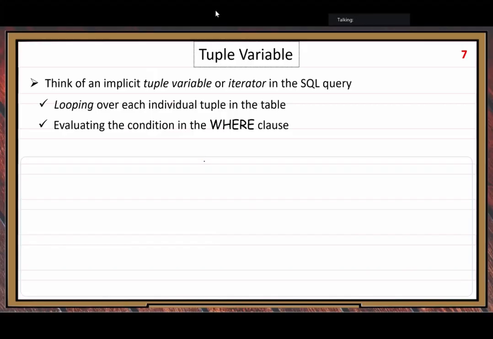Only those tuples that satisfy the condition are selected. This is a general understanding, your initial understanding. In Module 4, we need a concrete understanding, and definitely we need to study much more on this concept.